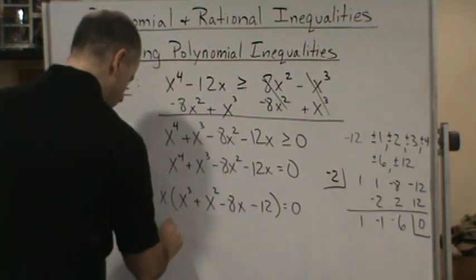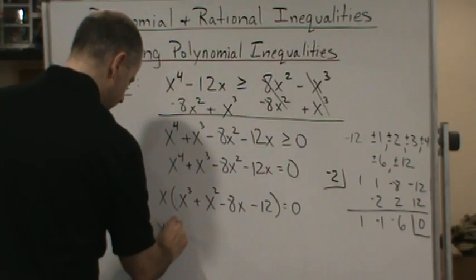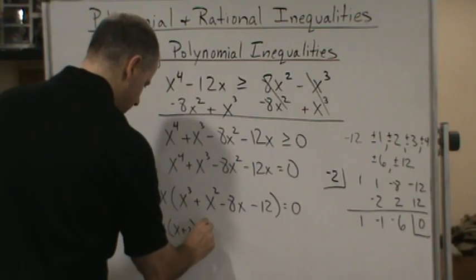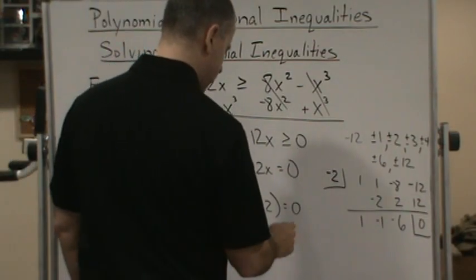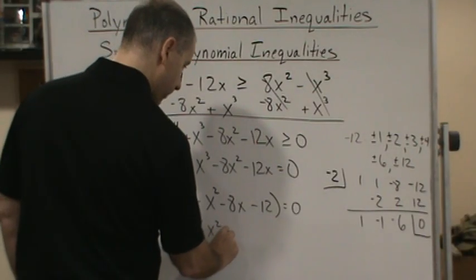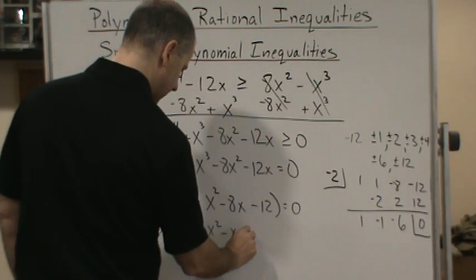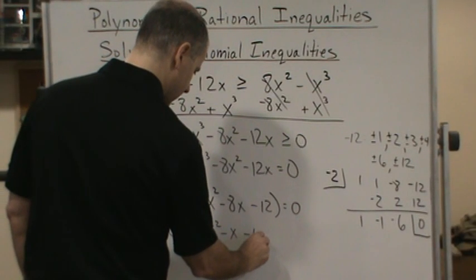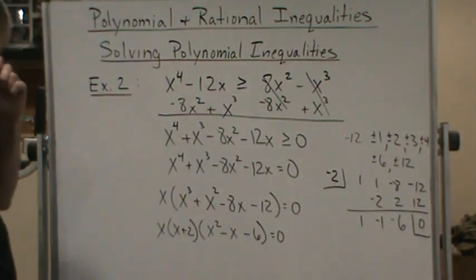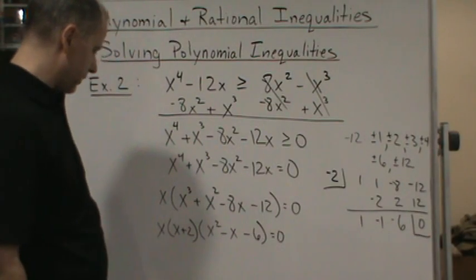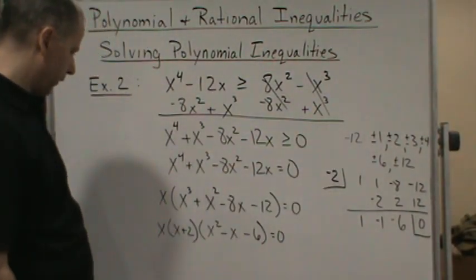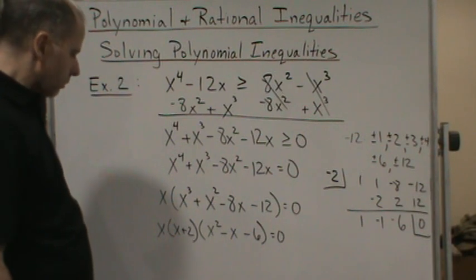So now it's going to factor into x times x plus 2 times a quadratic, x squared minus x minus 6 is equal to 0. Now let's see what we can do to factor this. Instead of doing more of this, let's just see if we can factor it, okay?